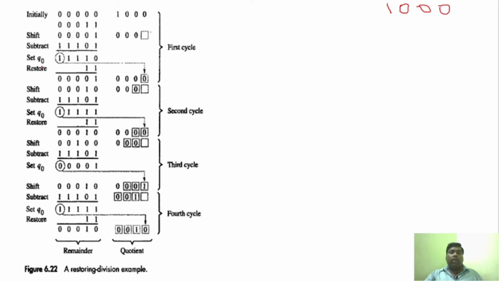Now I have to place the divisor in M. The divisor is 11, so that is 0011. Now you can see everything is 4 bits here. And initially the accumulator value, listen to the logic very carefully.